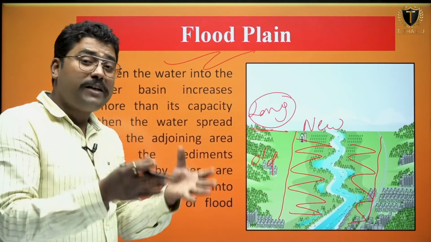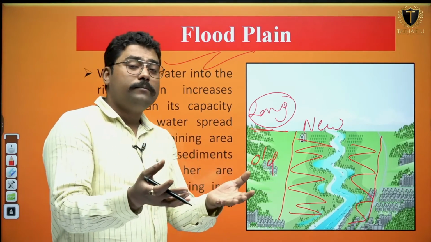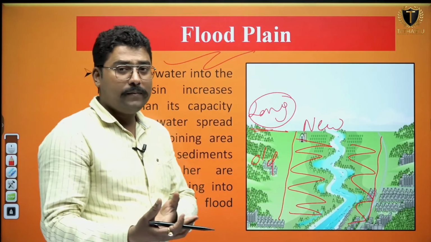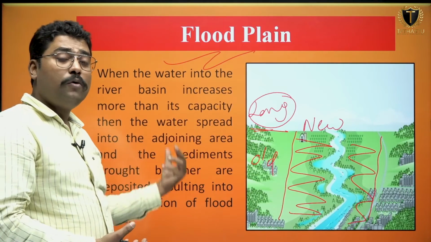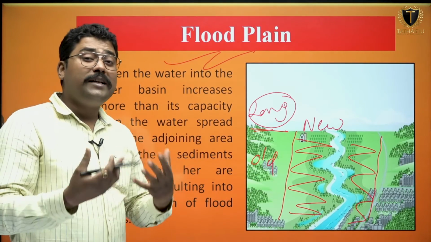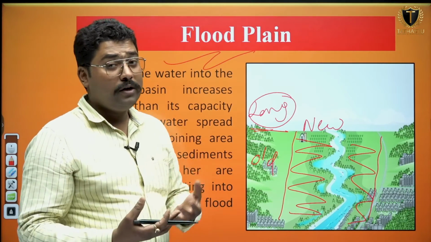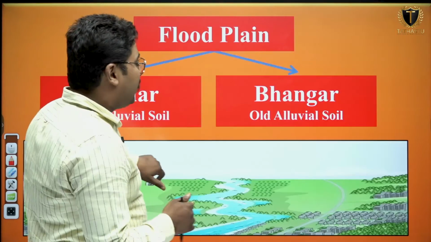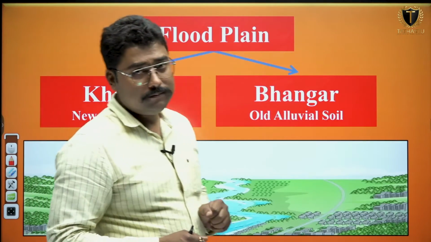The sediments which are deposited are considered alluvium. So this is also considered the alluvial plains. So the new alluvium and the old alluvium. So what are their names and how can we figure it out? Technically the floodplain is again divided into two parts, that is Khadar and Bangar.